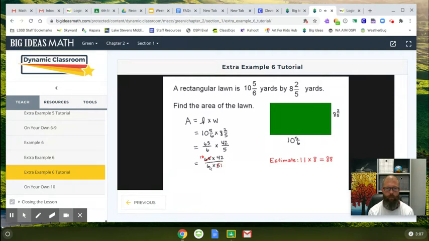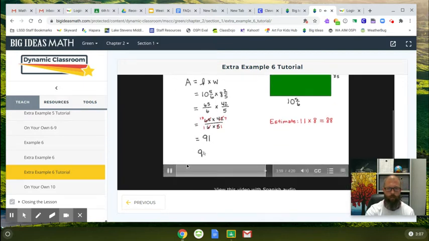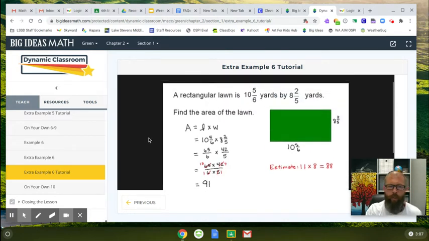So now let's multiply. 13 times 7 is 91, and 1 times 1 is 1. So we have 91 over 1, which is just 91. So we found that the area of the lawn is 91 square yards.